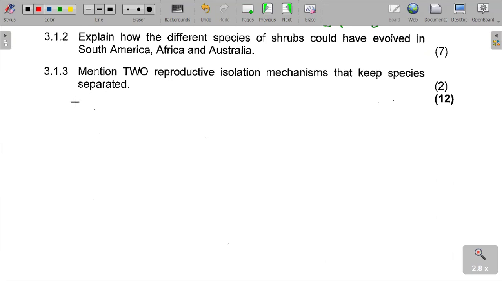What are those? They are quite a lot. One, it can be species-specific courtship behavior. Certain species have got specific exhibitions that they do in terms of courtship.